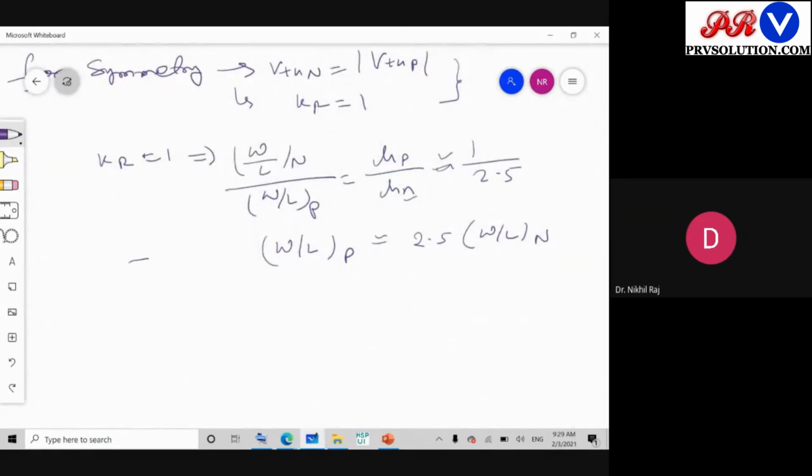Okay, so say this is a CMOS inverter, VDD, this is Vin, this is Vout, and this is the NMOS. In the NMOS, W/L, if I keep 2 by 0.24, this means width is 2 and length is 0.24 micron. So what should be the device dimension of the PMOS in order to achieve switching at VDD by 2?